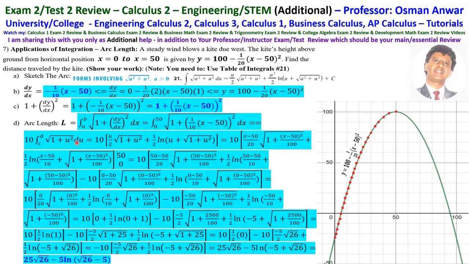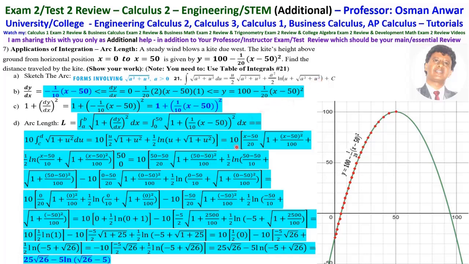So then this is the integral from c to d of 10 times square root of 1 plus u squared du. We're going to use this formula: 10 times u over 2 times square root of 1 squared plus u squared, plus 1 over 2 ln |u plus square root of 1 plus u squared|.